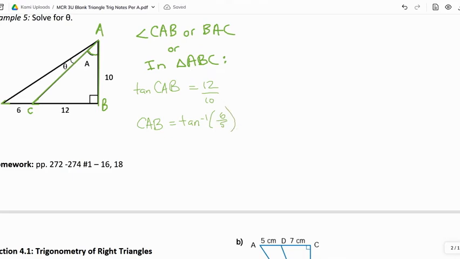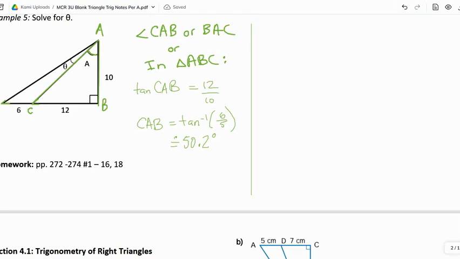Being fancy, Miss Sly? Yeah, kind of. Instead of writing tan CAB, can you write tan theta? Nope, because it's not. Okay, I get 50.2 degrees.